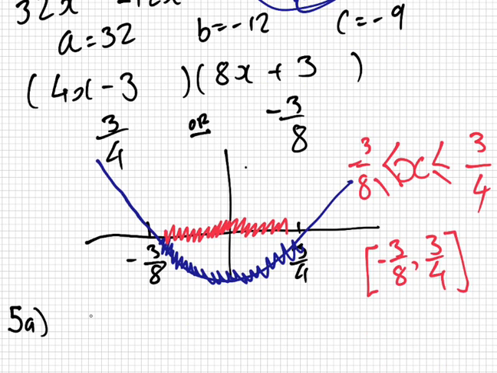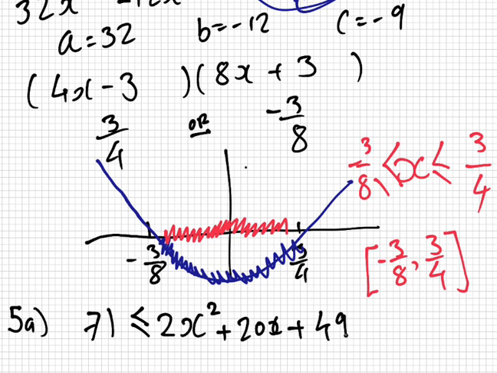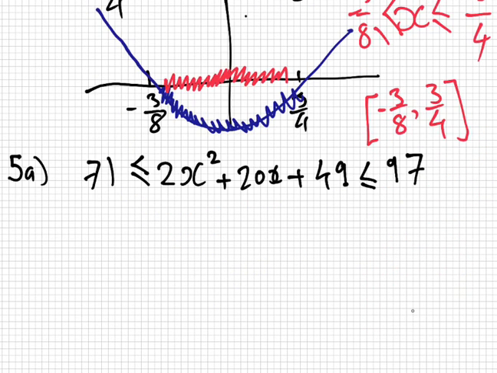5a, we have 71 less than or equal to 2x squared plus 20x plus 49 less than or equal to 97. So I need to split this into two separate problems. And do I put and or between these two separate problems?